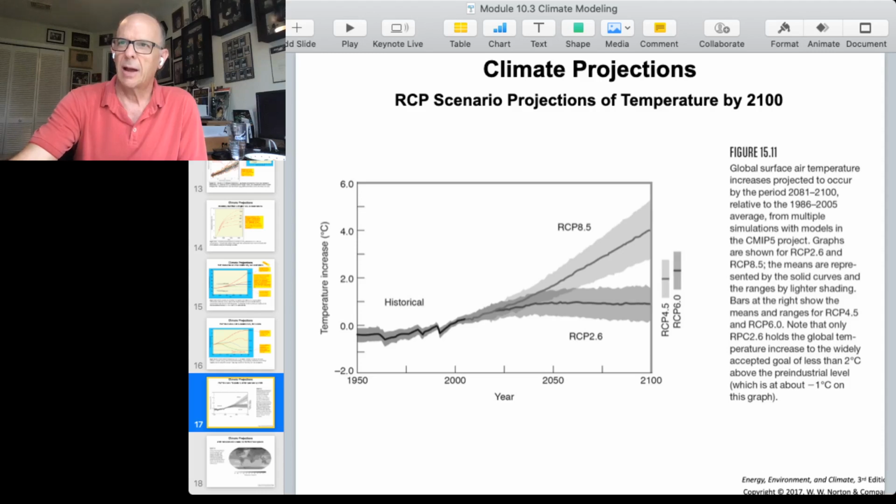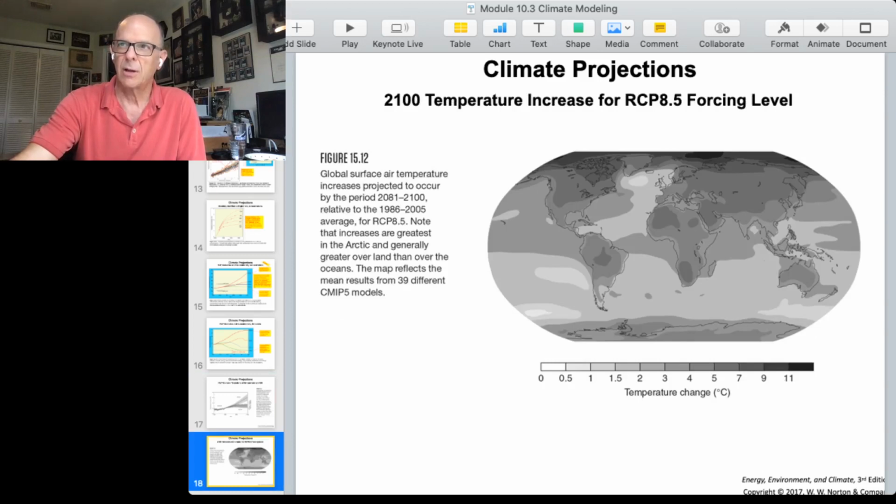And that means there's a big range of outcomes possible for us, and to keep the predicted temperature increase low requires a dramatic change in the way people do business, because the models and the data clearly show that anthropogenic activity is explaining the current change that we're seeing in the global temperature.